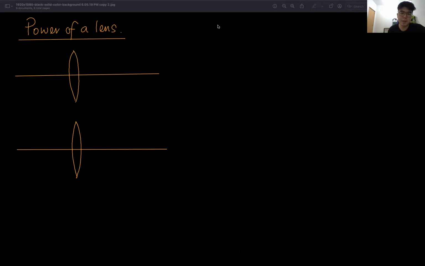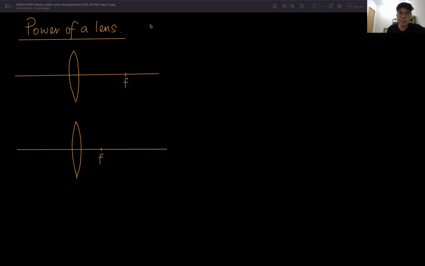Suppose that we have 2 convex lenses. Now, one convex lens has a longer focal length, and another one has a shorter focal length.